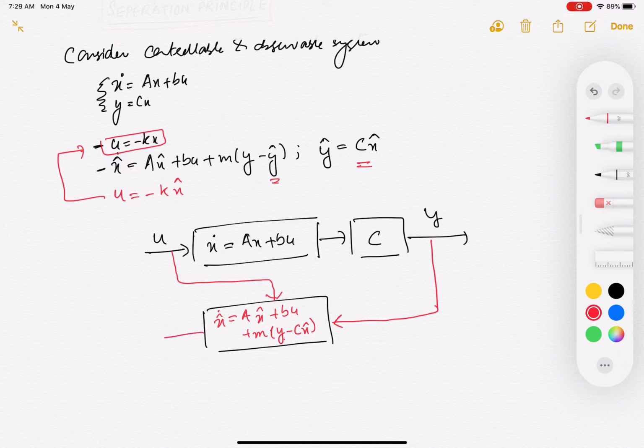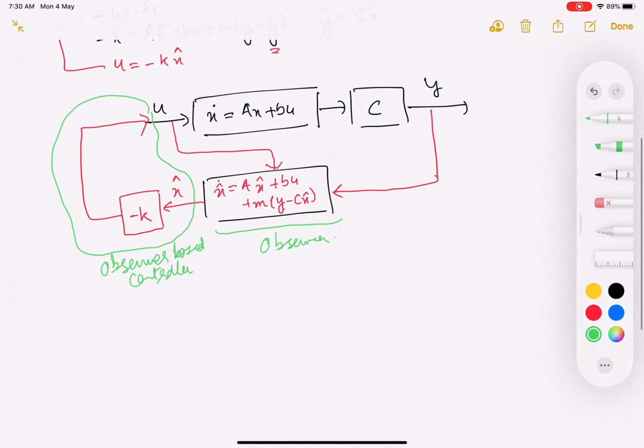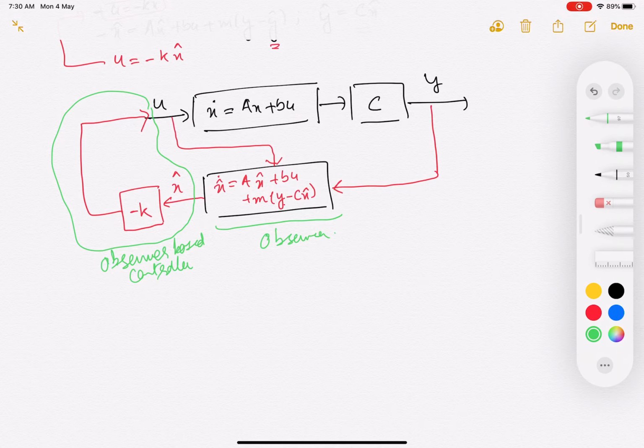Based on this you are calculating x hat, and this x hat you are multiplying with minus K, and this is actually your controller. So this part is your observer-based controller, and this part is your observer. This happens when you're trying to implement a control law based on the observer that you have designed.